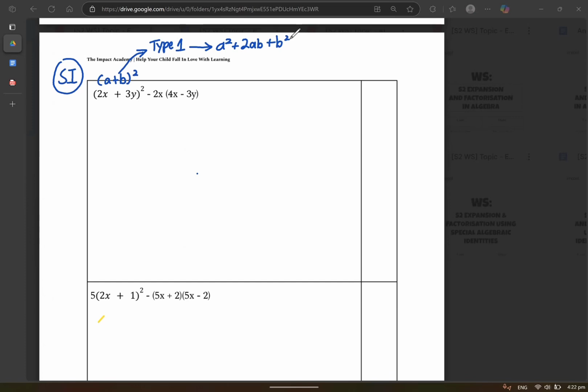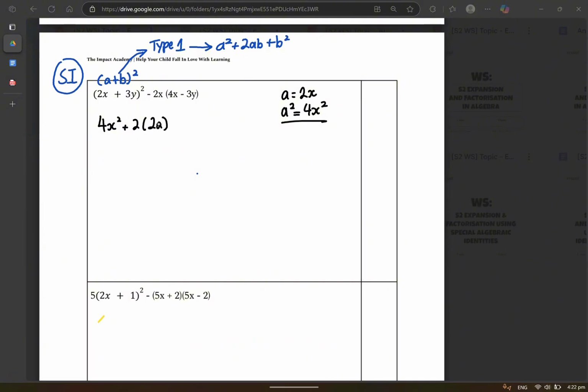First thing first, what's my a? My a is 2x. I want my a squared, which is equal to 4x squared. So this will then become 2x to the power of 2. Since you already know 2x to the power of 2 is 4x squared, you can just write 4x squared plus 2 bracket a, correct, I apologize, 2x, not 2a.